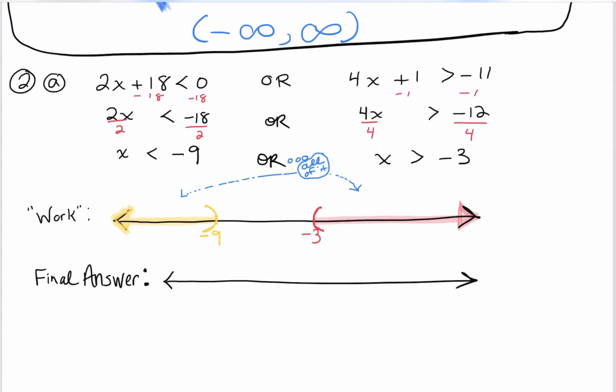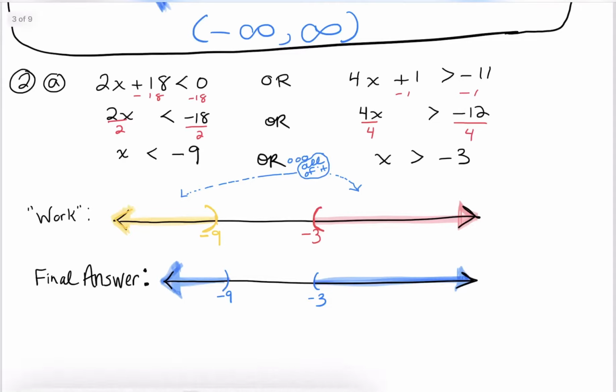In this case, it just so happens that when I take all of it, it's just everything that's there: everything less than negative 9 or everything greater than negative 3. So my final answer is really the exact same thing. I'm drawing it again just to emphasize that we actually thought about the word, and the word here was or, which means take all of it.